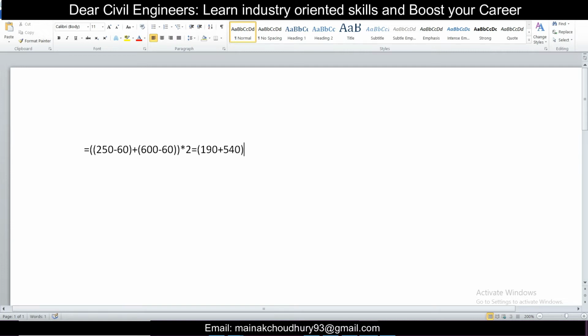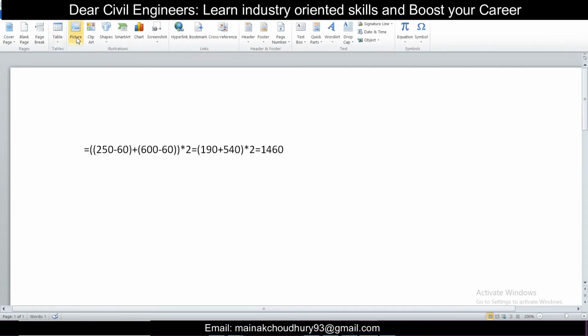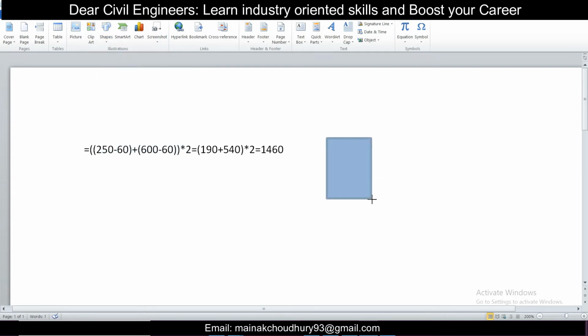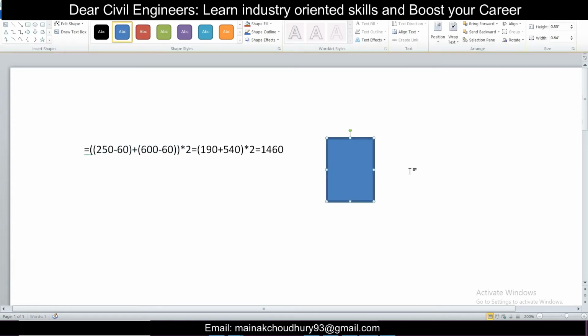This is the side, and multiplied by 2, so it will be 540 plus 190 multiplied by 2, that is 1460. So 1460 will be the total length of the particular stirrup. So we have now got the total length here. With the help of a diagram, we have just got the outer portions.